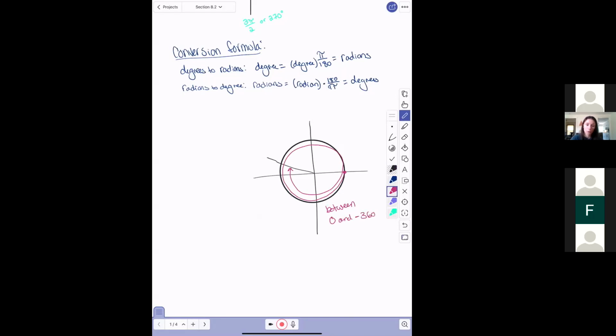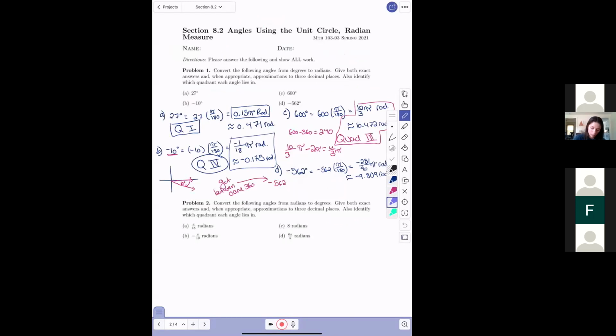Once it's between there, we'll know this chunk here. And since it's negative, we'll just work backwards and figure out where that degree is. So if I do negative 562 plus 360, I get negative 202 degrees.